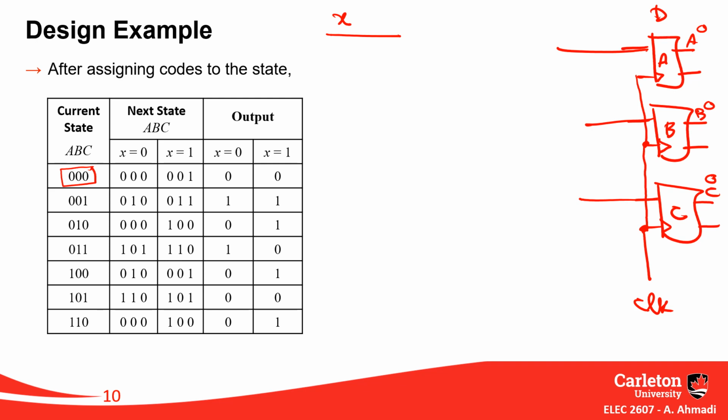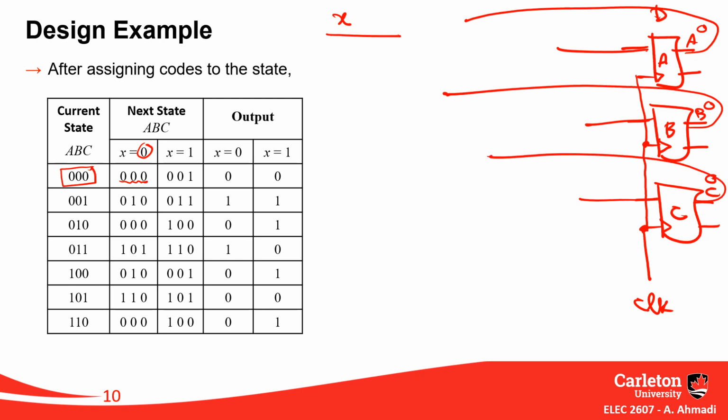Okay, so if you have 0, 0, 0 and your input is also 0, you have 4 variables coming into your circuit. One variable is this, another variable is this, another variable is this, these 3 feedbacks, combined with your X, 1, 2, 3, 4 variables.